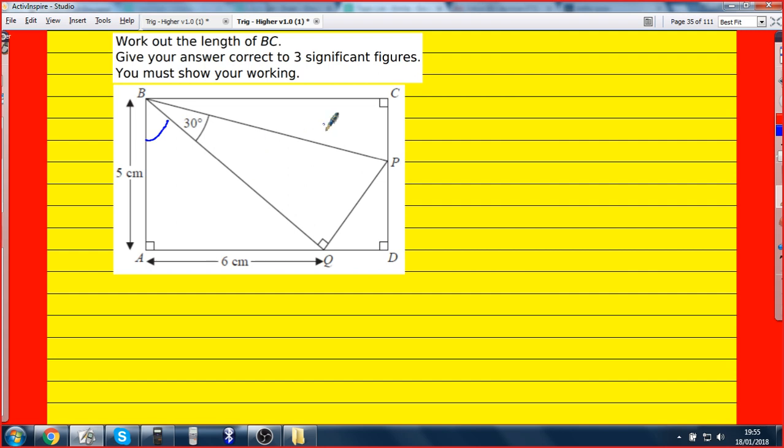So you could do Pythagoras, wouldn't you? Pythagoras would get you BQ. Yeah, but it wouldn't get you the angle with it. So you have to use tan.